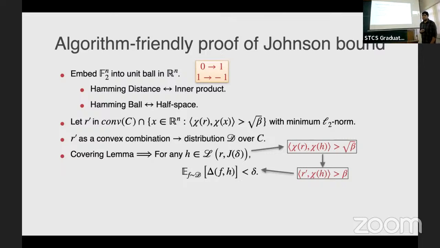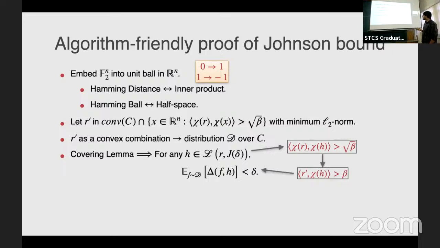And the hypothesis, the fact that the distance is small, says that this expectation is true. The expectation is the conclusion. So this is true for H, the list code word. It's close to R. You're taking balls of radius j delta.